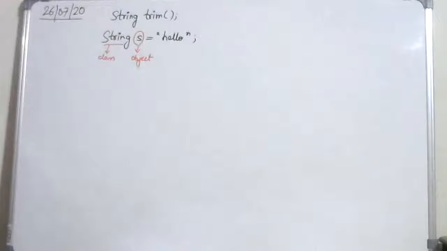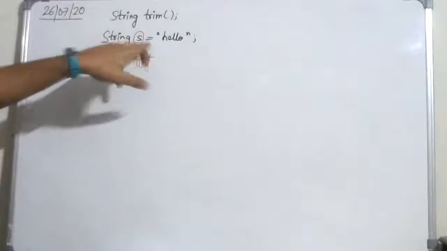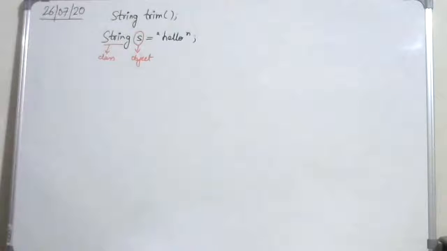The string class also belongs to the java.lang package, just like the character class belongs to the java.lang package. And the variable that we define is an object. Technically it's an object, but for simplicity we treat string as a data type and the variable defined as a normal variable. So it basically acts like that.